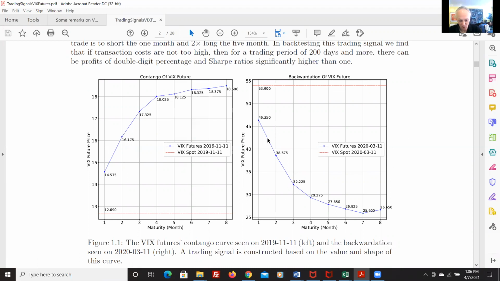This is the curve right after COVID, or actually before COVID, because the bottom of the market was on March 30. It already shows the risk entering into the demand for volatility increased as we got into COVID. And in November of 2019, the future looked bright and we have an increasing curve.